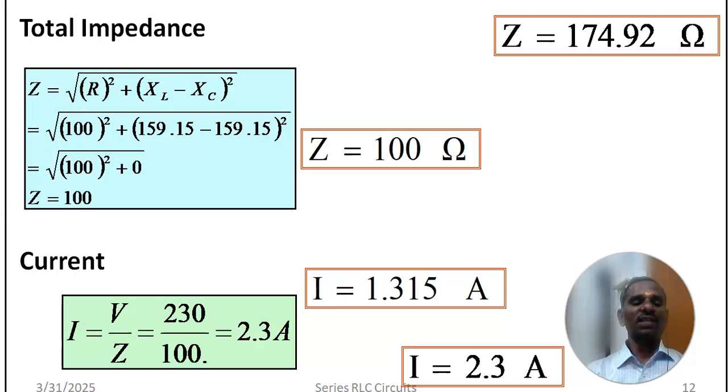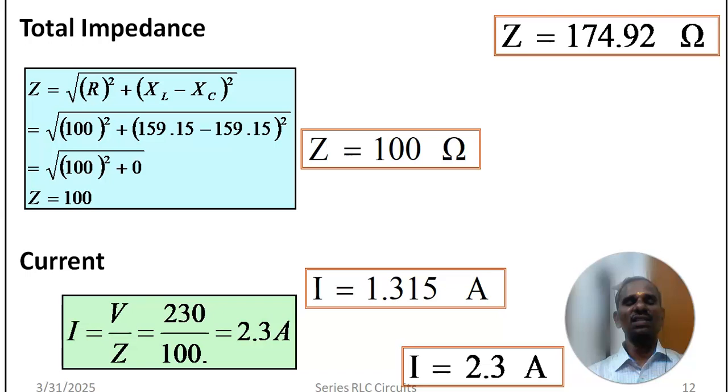The next question is to find the current. Current I is equal to V divided by Z. Here Z is equal to R, so it's 230 divided by 100, which is equal to 2.3 amps. Before, the current was 1.315 amps.